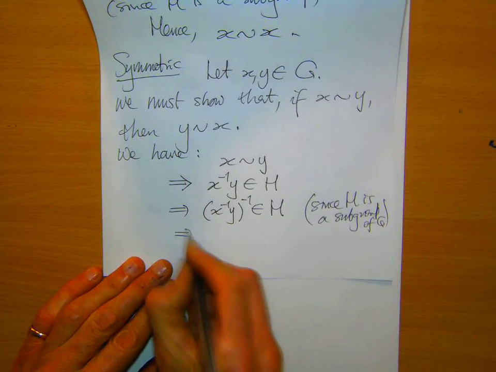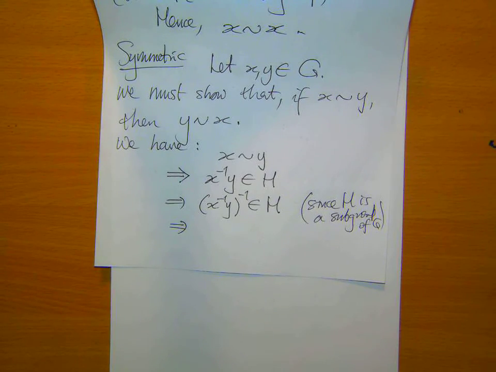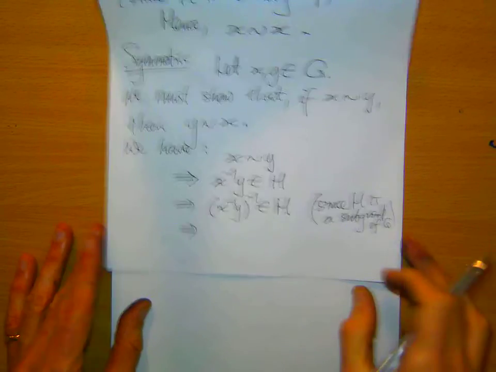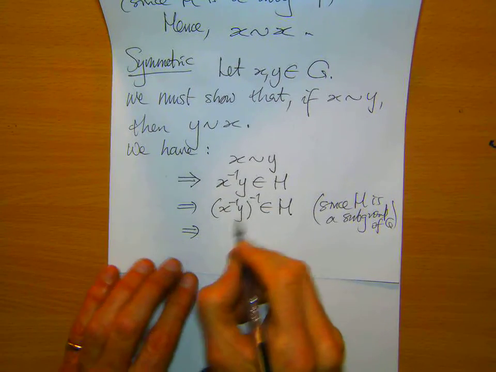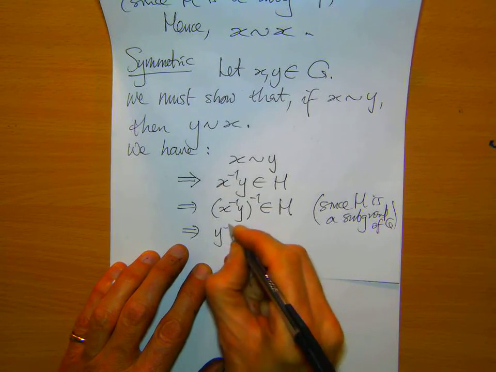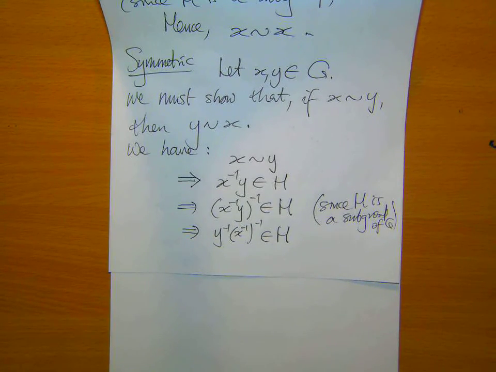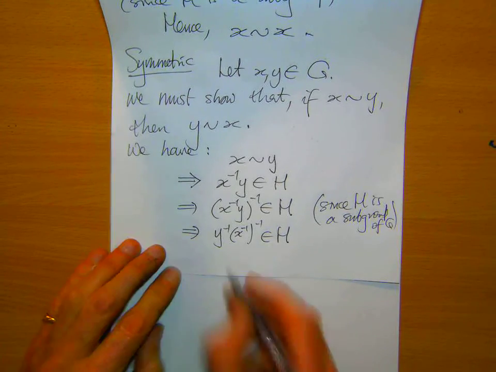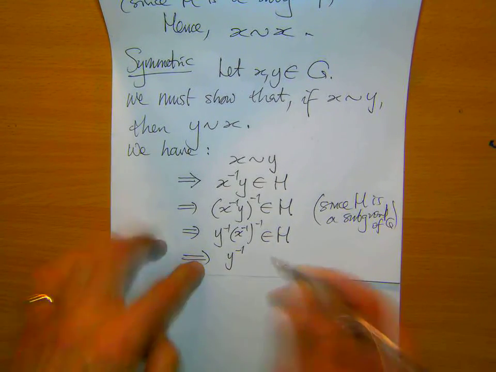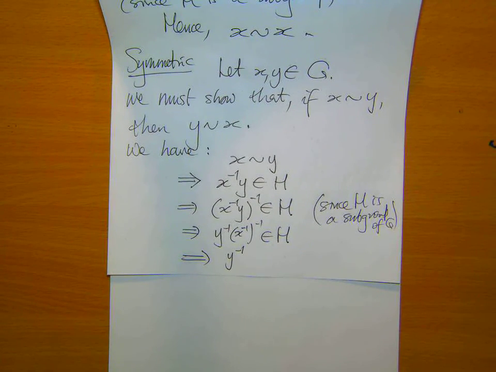But then we can use our computational techniques for computing inverses. So remember, the inverse of a product is the product of the inverses in the opposite direction. You've known that for matrices for a while, but we discussed that at the beginning of the semester for groups. And we also use the fact that comes from uniqueness of inverses that x inverse inverse is x.